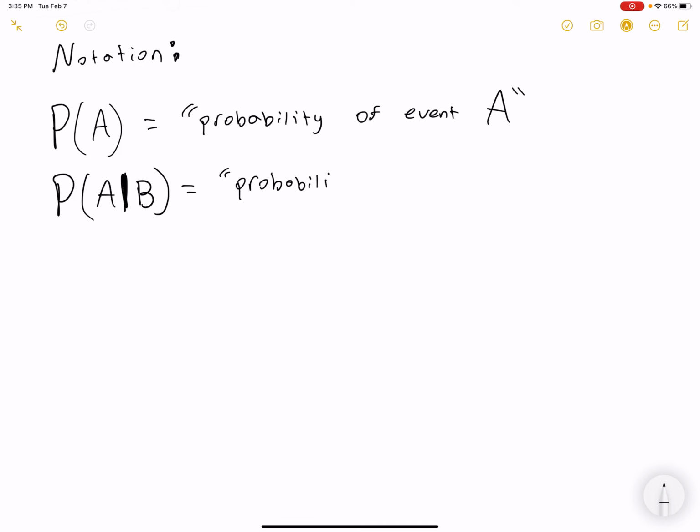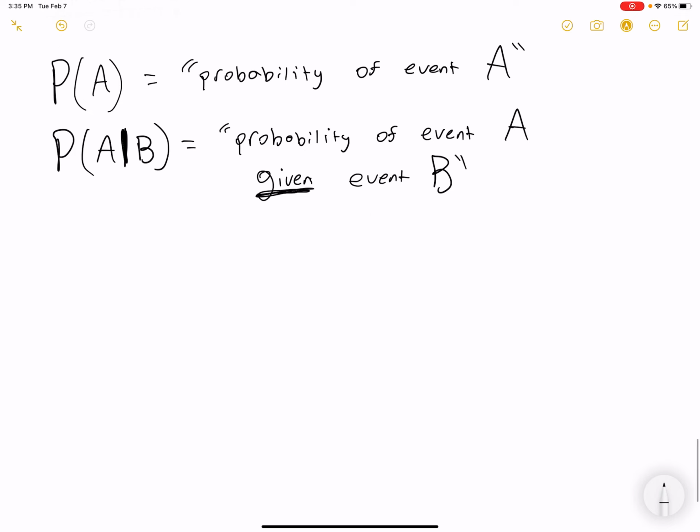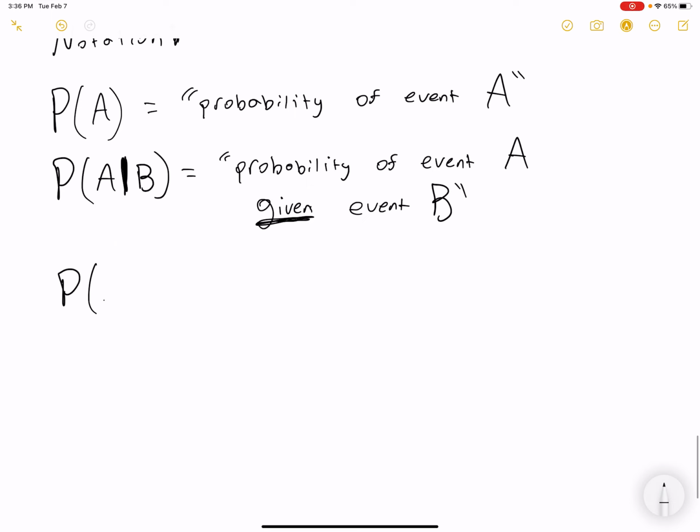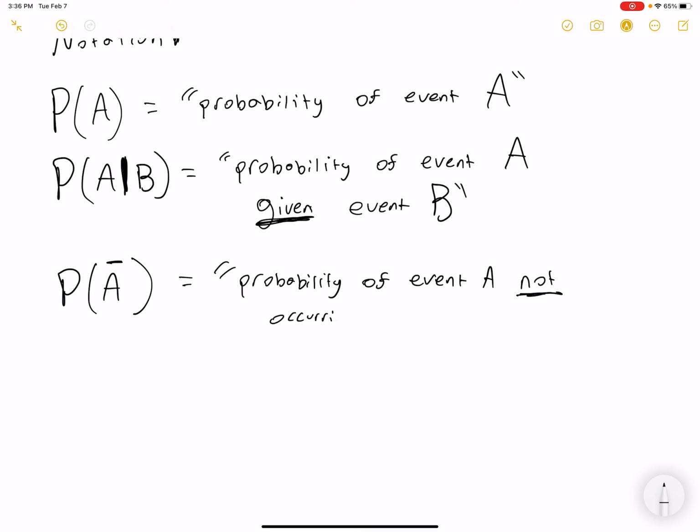Probability of event A given event B. And one more notation, probability of not A is written with this symbol, probability of event A not occurring. So that's just some notation to get us started.